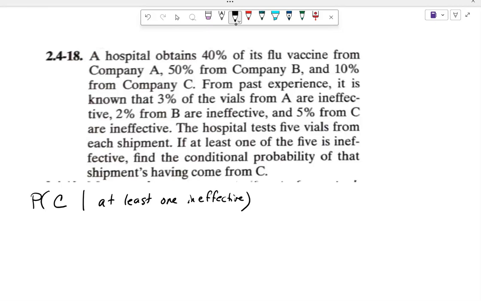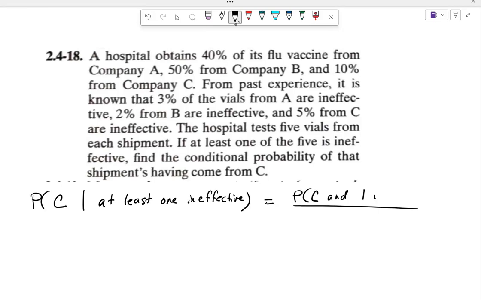So remember again, with our conditional probability formula, what goes on top? Just generally speaking. Yeah, the intersection part, right? So it's the and part, right? So it's C and 1.